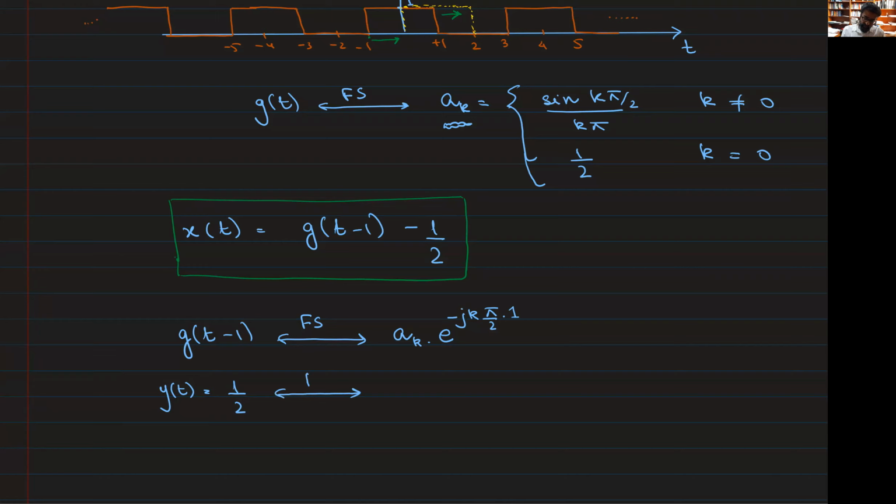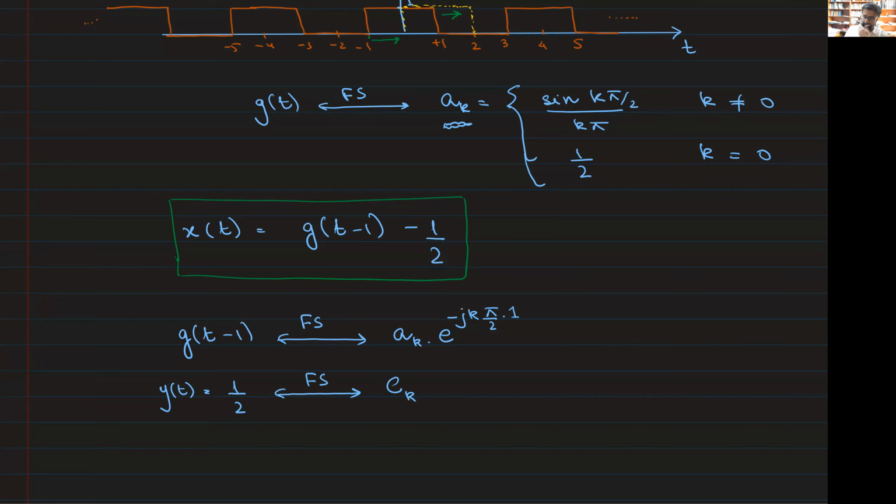Any ideas? All right, Daniel, you say a naught equals half. Why do you say that? Sir, because it is a constant signal and it has no complex part.